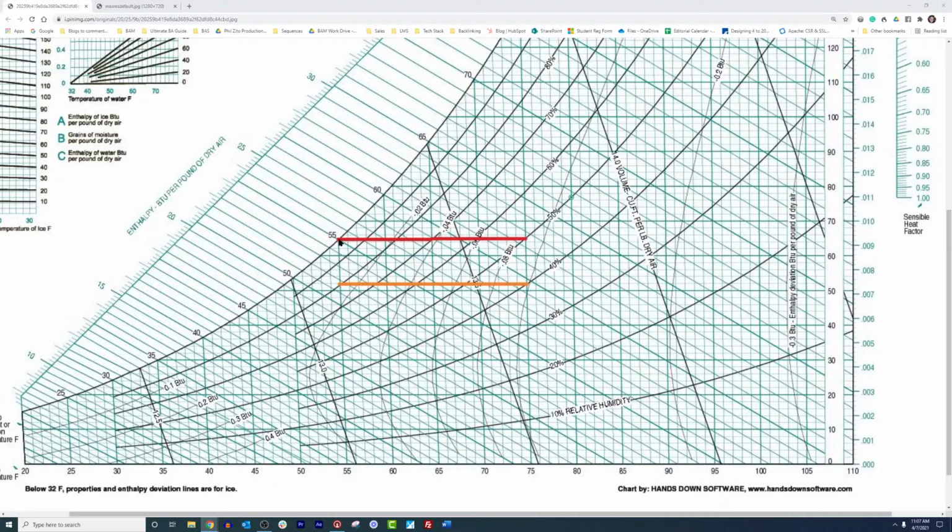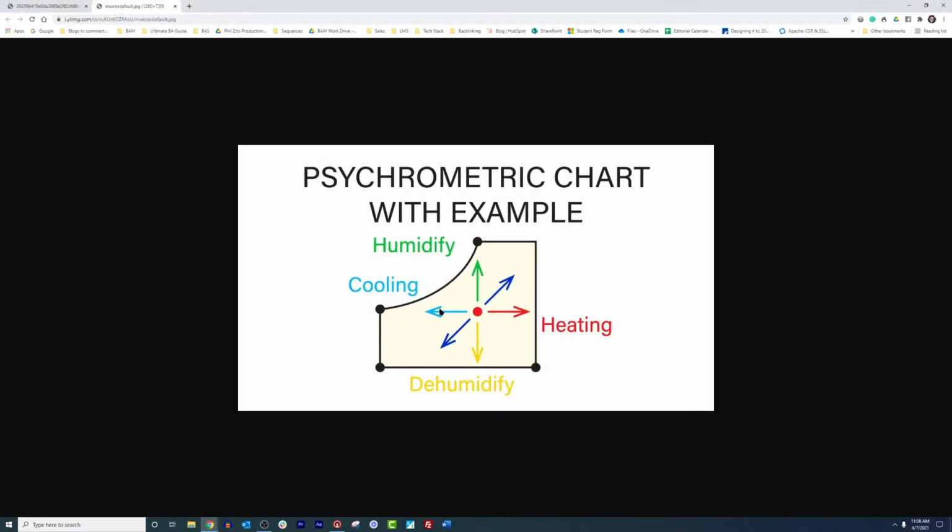And as we get closer to dew point and saturation, if we continue to cool and we continue to drive dry bulb down, then we will start to condense and we will start to remove moisture out of our airstream. So that's dehumidification as well as cooling, right?